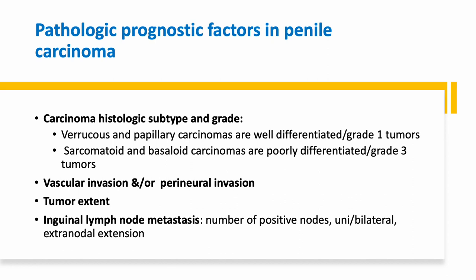Vascular invasion and perineural invasion are also associated with an aggressive clinical course. Tumor extension, limited tumor compared to advanced tumor extension, is associated with aggressive clinical behavior, and lymph node metastasis is also associated with worse prognosis.